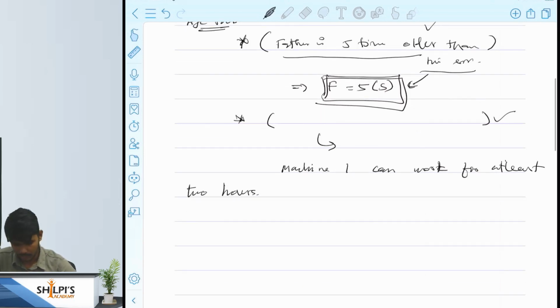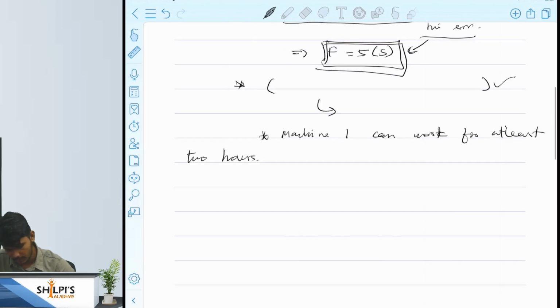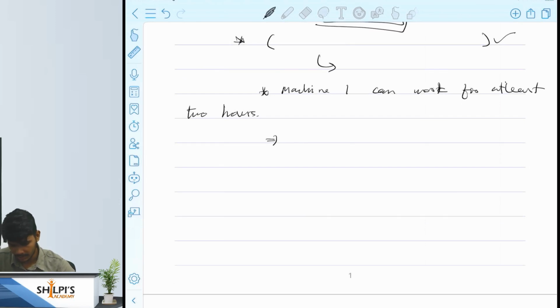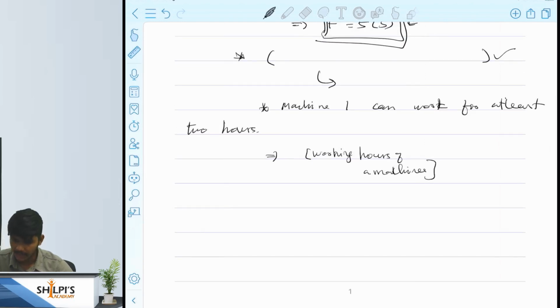Okay, for this problem I will write the algebraic structure using the working hours of a machine. At least 2 means it can be greater than 2 also. So for at least 2, what will I put?